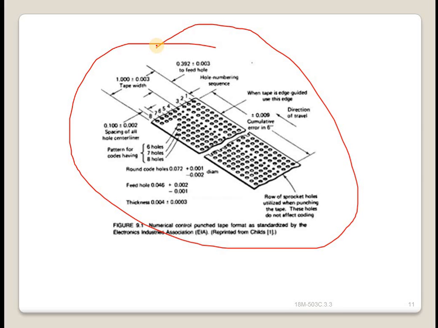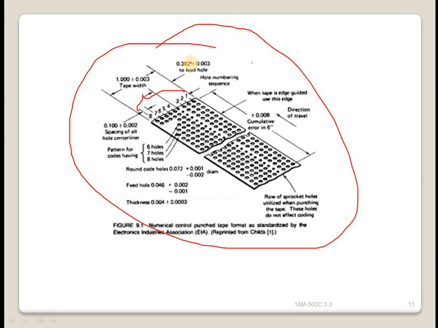There are 8 regular columns of holes running in the lengthwise direction of the tape. There is also a 9th column of holes between the 3rd and 4th regular columns.